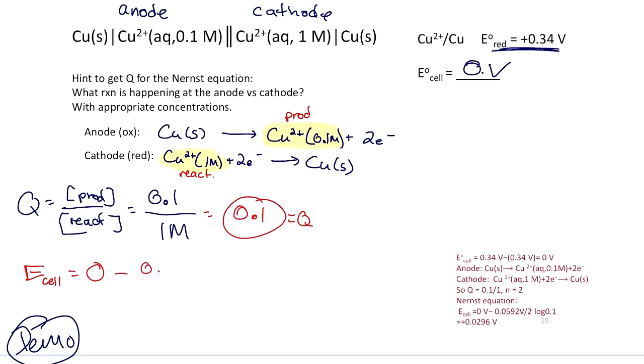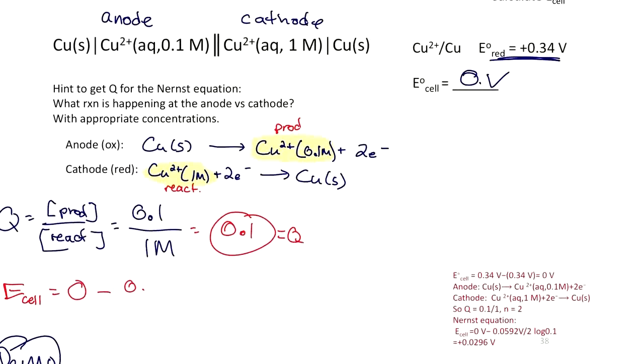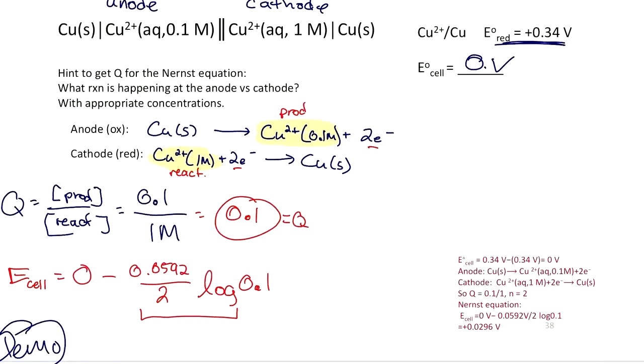So minus... I always forget what the Nernst equation is. 0.0592 over n. n is 2 in this case because 2 electrons are being transferred, log 0.1.